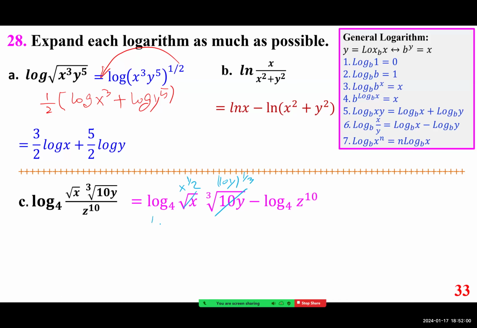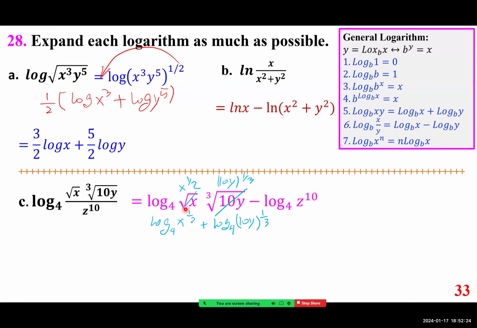So we have log base 4 of x to the power of 1/2 plus log base 4 of 10y to the power of 1/3 for those two.